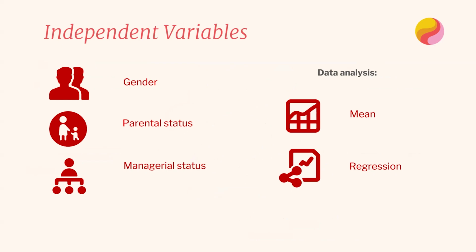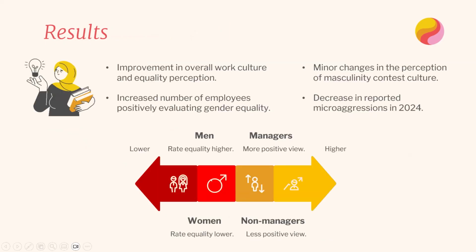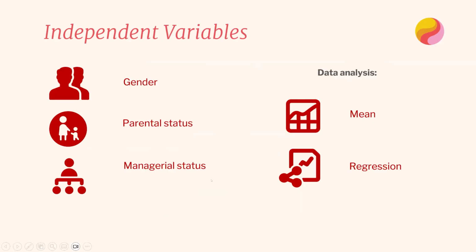For the data analysis itself, we used mean analysis to track trends over time, and we calculated average scores for each group. And in addition, we conducted a regression analysis to examine how the dependent variables were influenced by both time and the categorical factors considered by us.